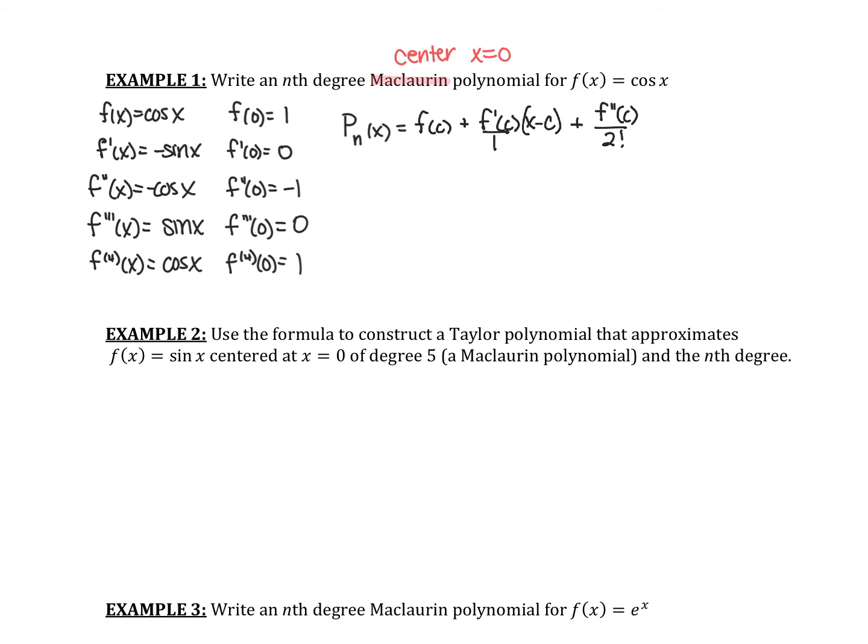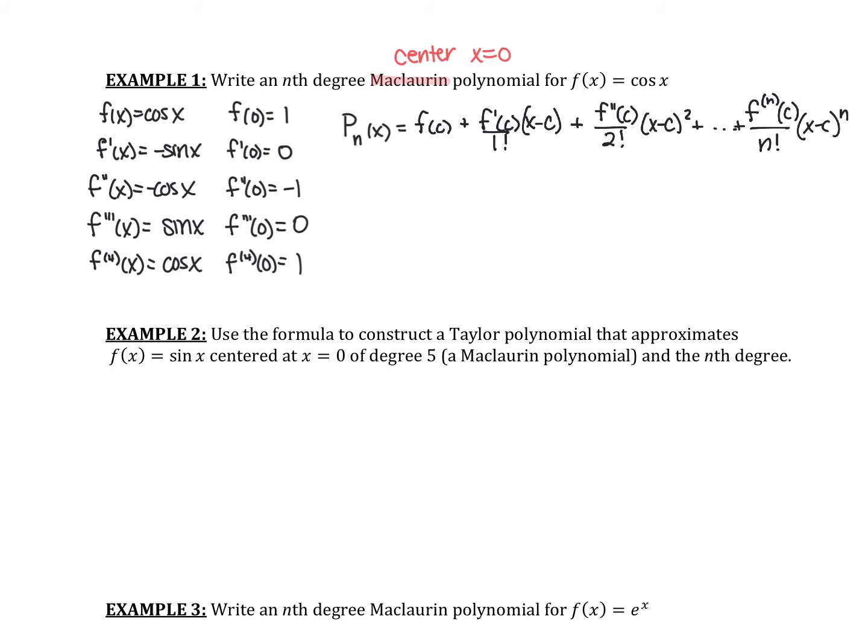This would be over 1 factorial, I just don't need to write it. Plus, I'm going to keep going until I get f, the nth derivative evaluated at c, over n factorial times x minus c to the n.